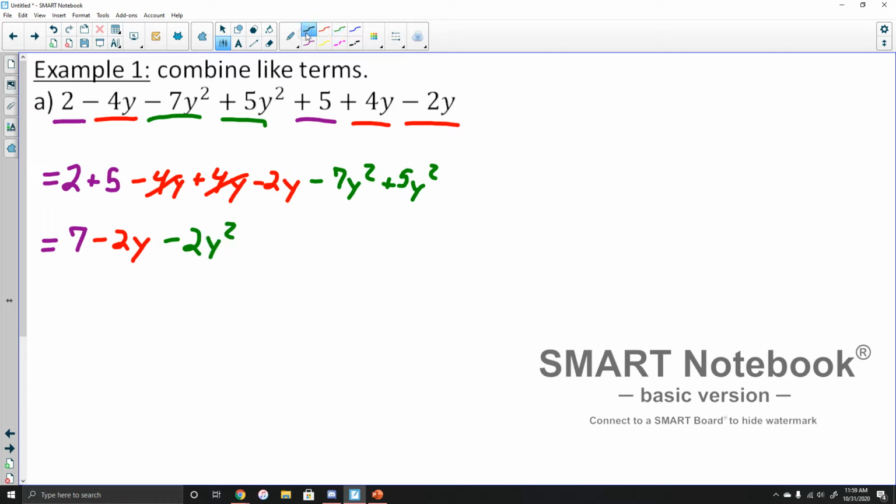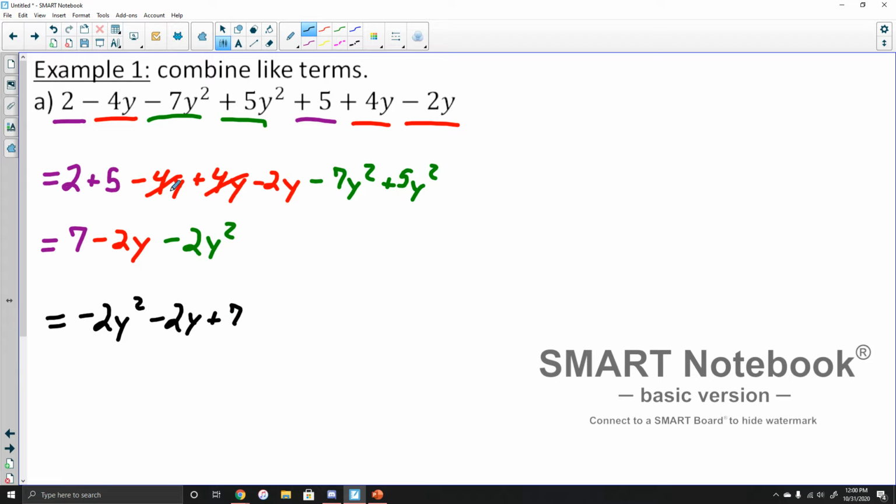And then I just like to write it in descending order because we usually like to have our y squared term first, the highest power first, and then minus 2y, and then this is a +7, right? So I just like to write it in the end like that, with the highest power in front and then descending in order. So, and take note here, right?